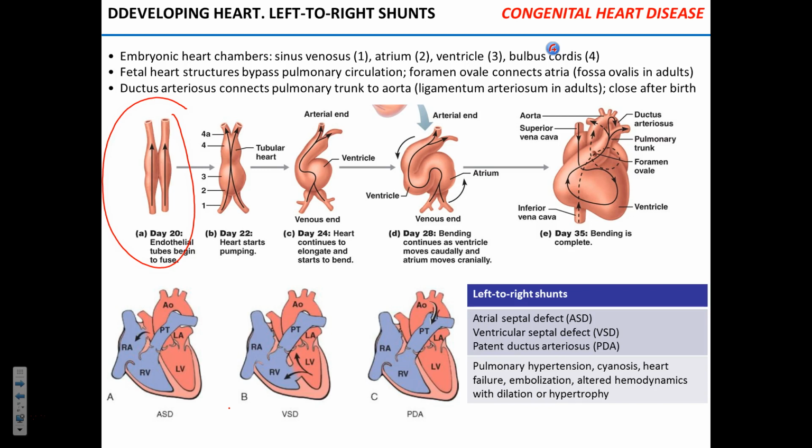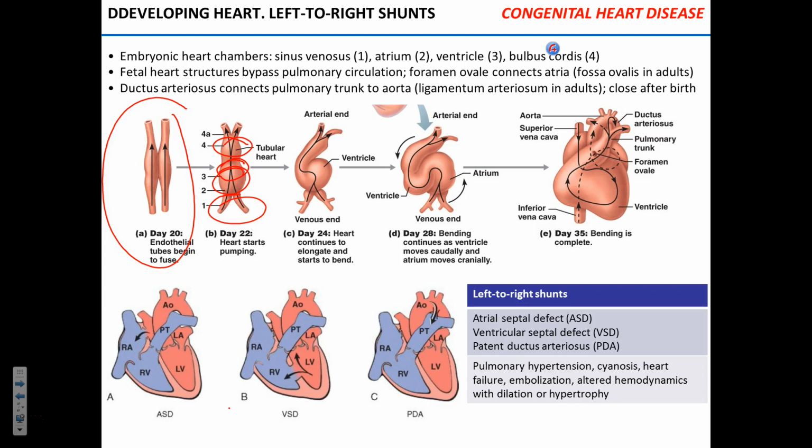You have venous sinus, you have atrium, you have ventricle, and then you have bulbus cordis. So actually, that's very early. This heart looks more like the heart that we can find in fish, I think. Yeah, two chambers. Yes, that's fish. And then we eventually develop 4 full-blown chambers.